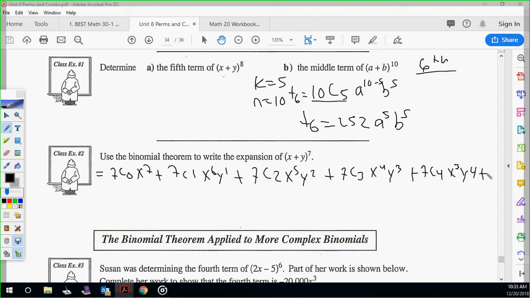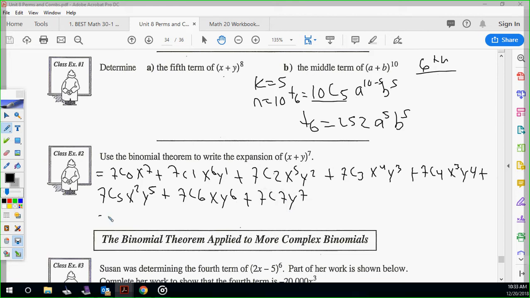Keep going here. Where am I at here? I'm at 7C4, so I'm at 7C5 x2 y5, thanks. And we got 7C6 x1 y6, and the last one 7C7 y7.